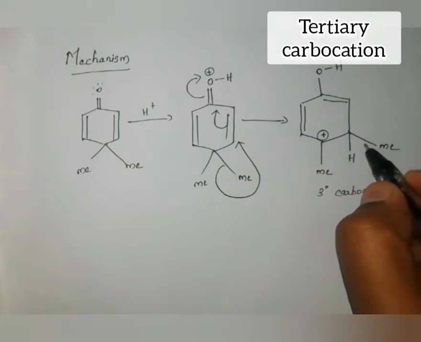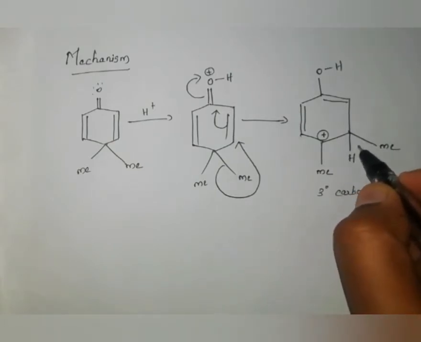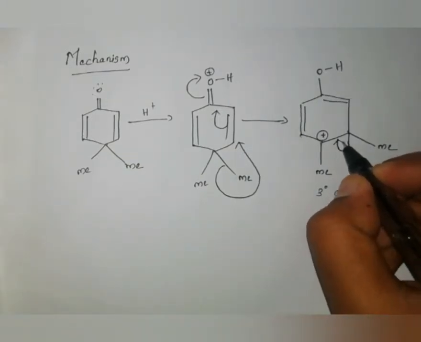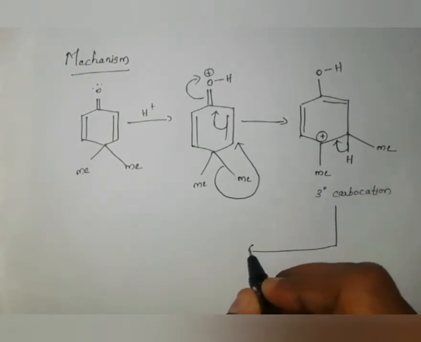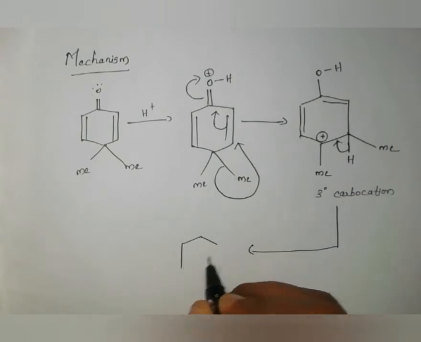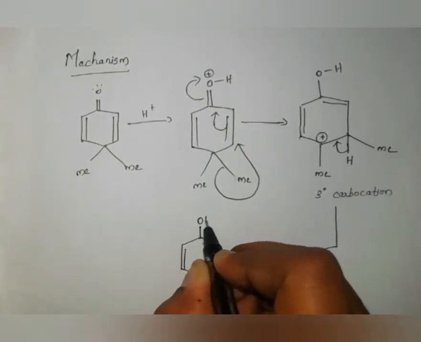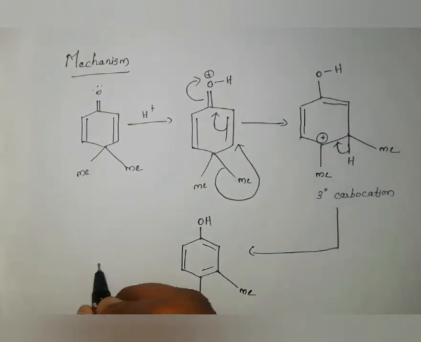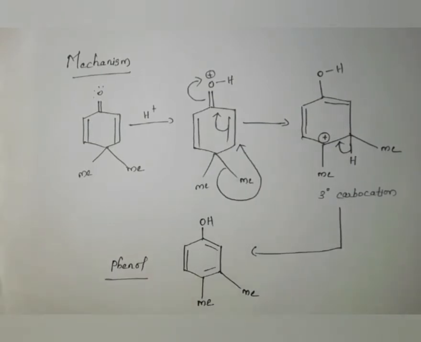In order to retain the aromaticity, it is necessary to lose this particular hydrogen as H plus, and the product becomes this. This is the product we call phenol. So simply this is the mechanism of a dienone phenol rearrangement.